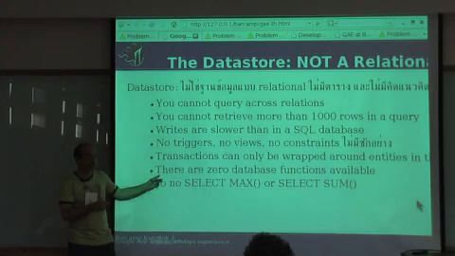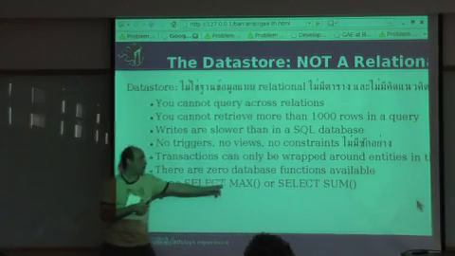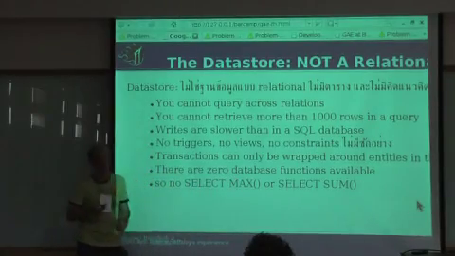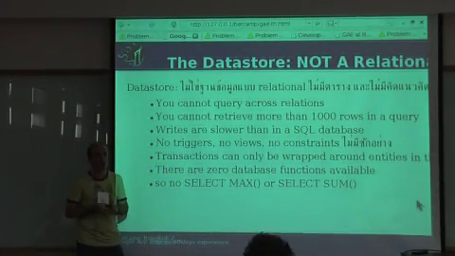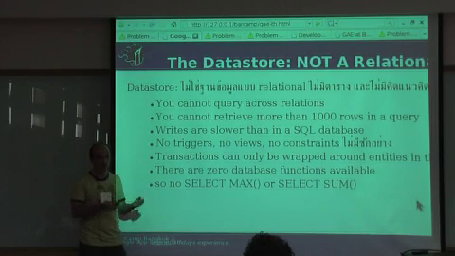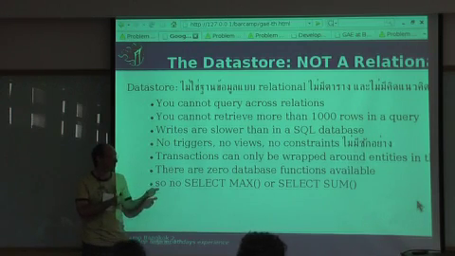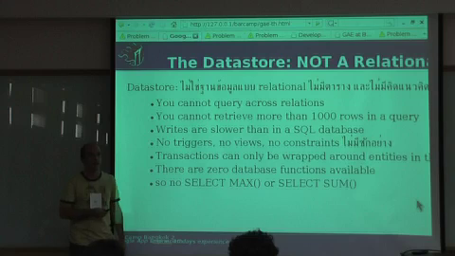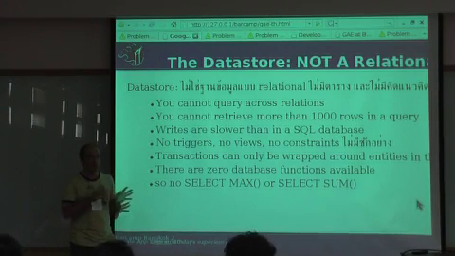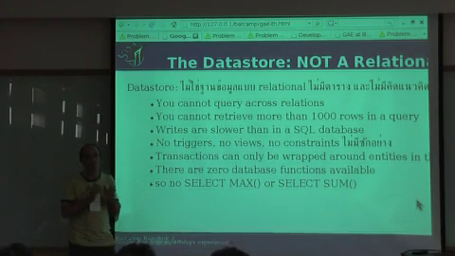There are no database functions available. That means you don't have max, you don't have sum, you don't have a certain number of things. So for example, if you want to count the number of records in a table, you have to manually maintain the counter yourself. There is no way you can do a select, sum, or whatever. So again, like I was saying, this is different from a relational database.